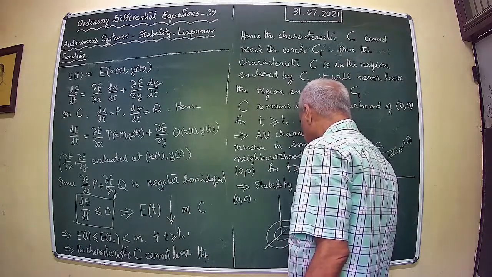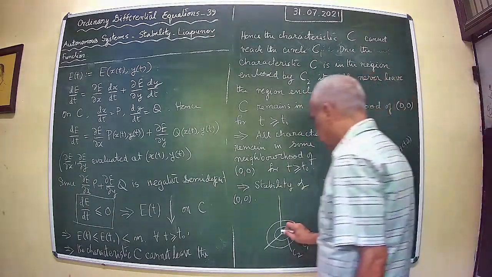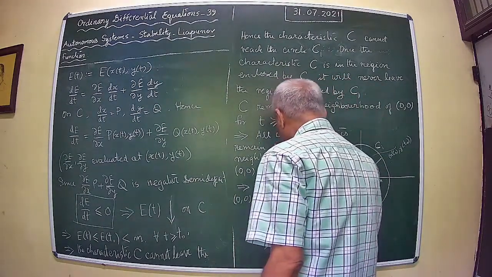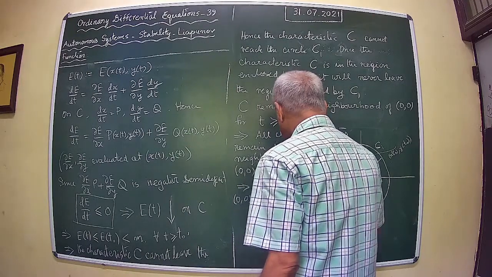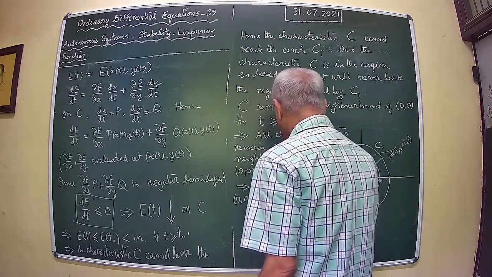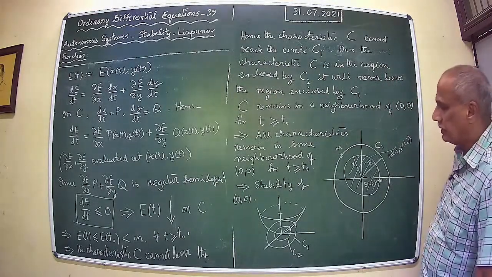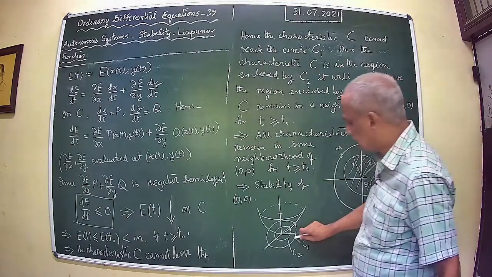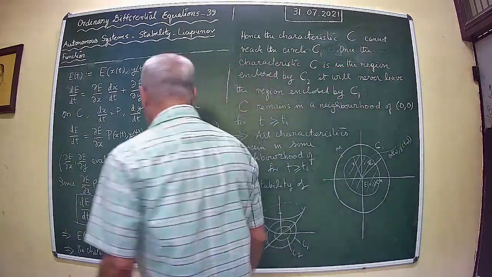This is C2. And this is the particular surface E. Now what happens is that you project these circles onto the surface.